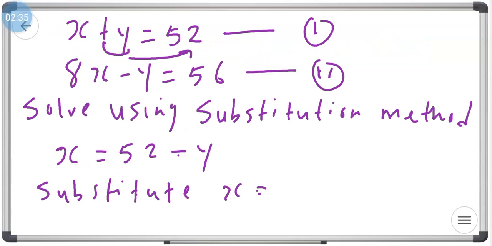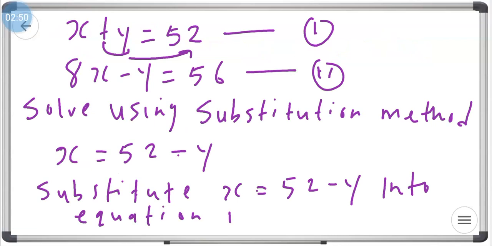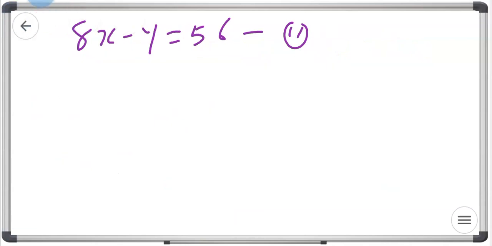Anywhere we see x in equation 2, we'll be writing 52 minus y there. Now this is equation 2. Take note, we said we'll be writing 52 minus y instead of writing x.